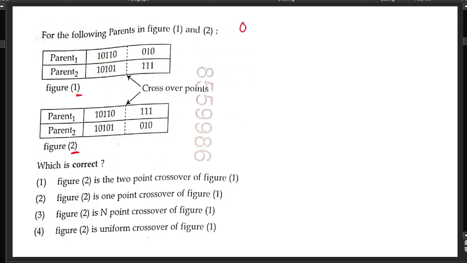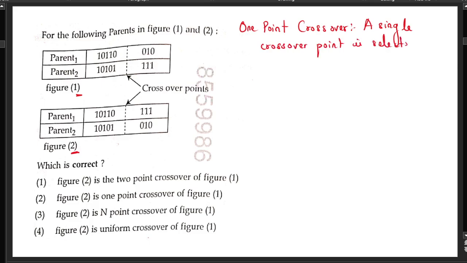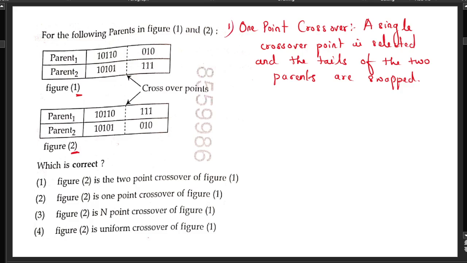So we will write 1-point crossover: a single crossover point is selected and the tails of the two parents are swapped. So this is 1-point crossover.